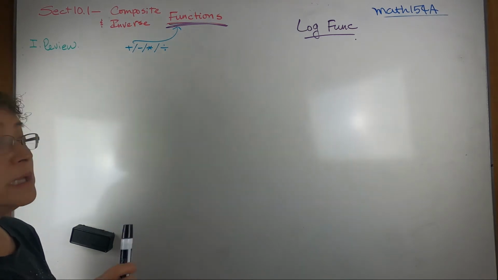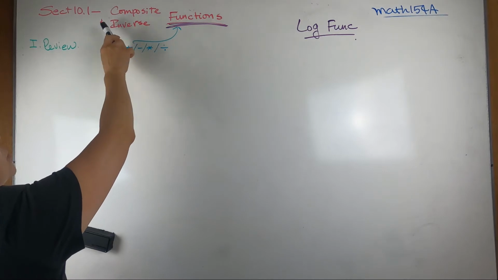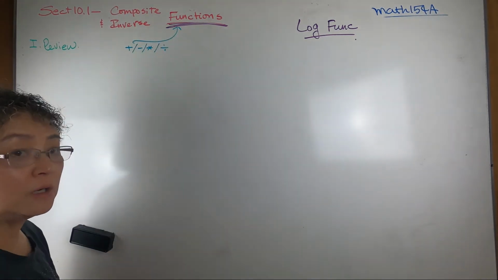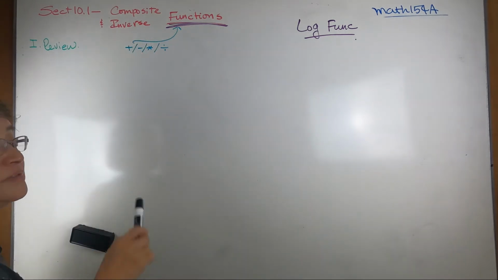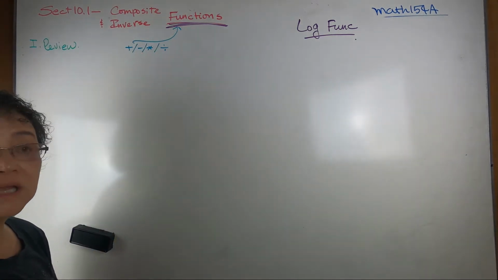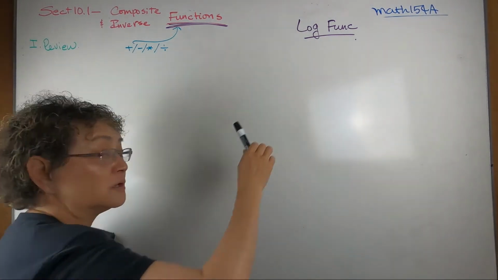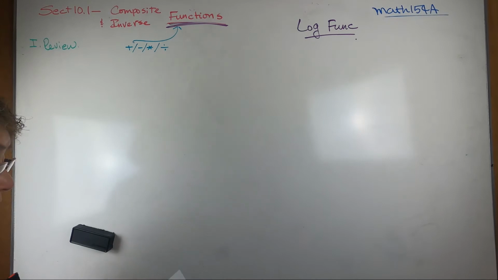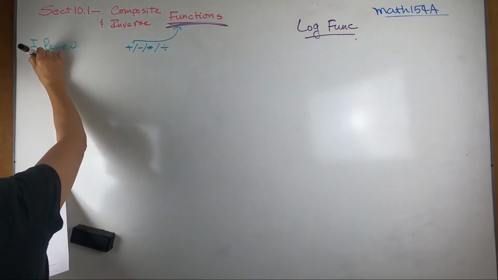And for functions, we need to see what kind of composite functions are, how do they operate, and what kind of inverse functions they are before we can learn log functions. So let's review the notations always.